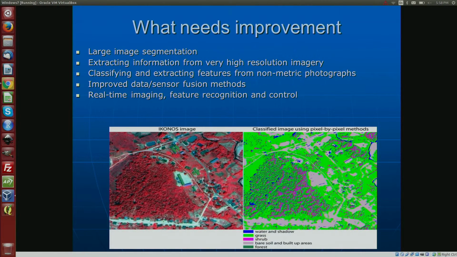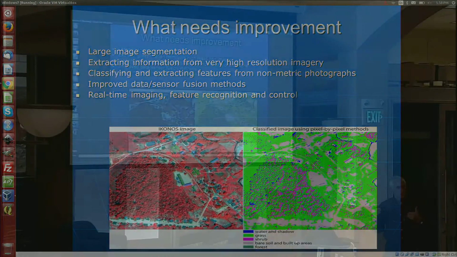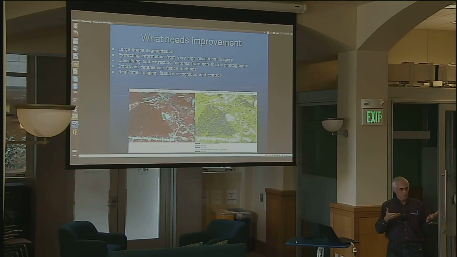I also have data and sensor fusion methods. This is something we've been doing for probably 20, 25 years, fusing optical and radar data to get more information than you would be able to get from a single data source. But I don't think we've made much headway because it hasn't been easy to get radar data.